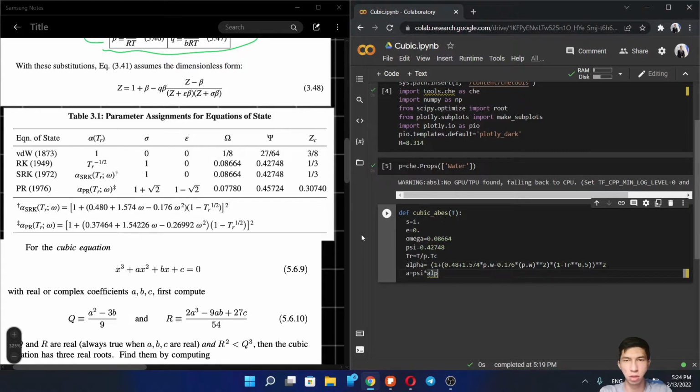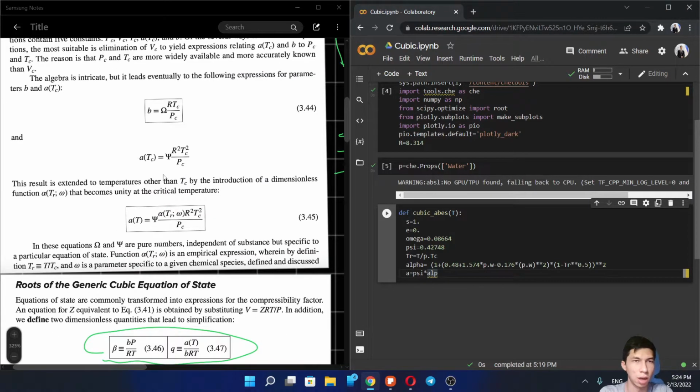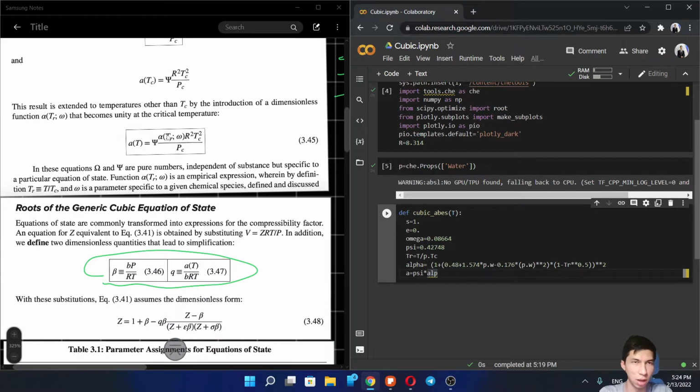And so now we can write an equation for our A value. If we look at this, it's going to be psi multiplied by alpha, multiplied by R squared.